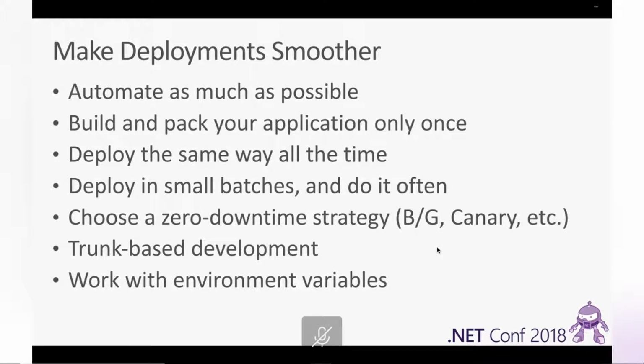Basically, in that book, the recommendation is that you should automate as much as possible. There are trade-offs, as always, but try to automate those repetitive tasks that are boring. Build and package your application only once. This is great because you don't have to worry about building and compiling again in another environment.